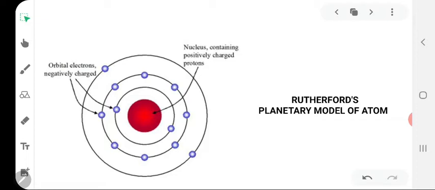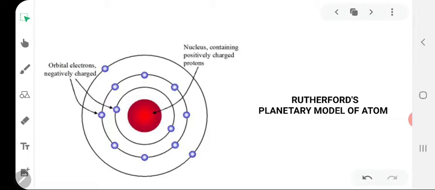He opined that the electrons revolve around the positively charged nucleus in circular orbits, and while revolving they are not drawn closer to the nucleus, as the force of attraction which is acting towards the nucleus is balanced by the centrifugal force acting away from the nucleus.